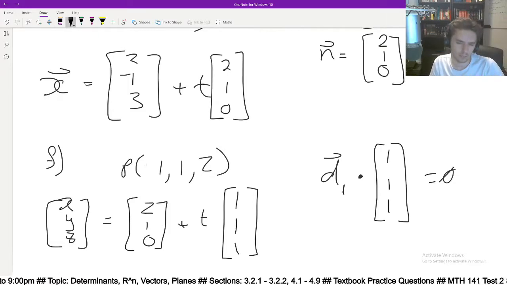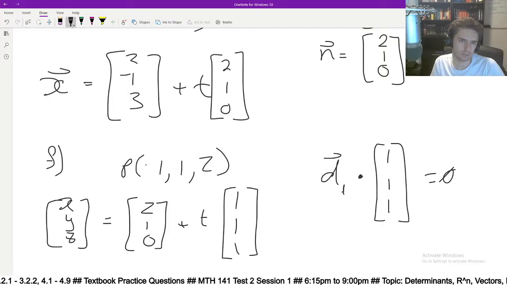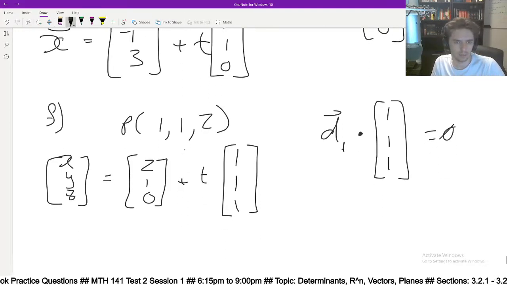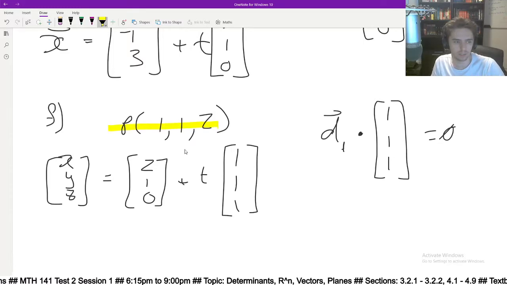But that doesn't seem to help us. The question is, giving a vector equation of a line that passes through that point and is perpendicular to this line.